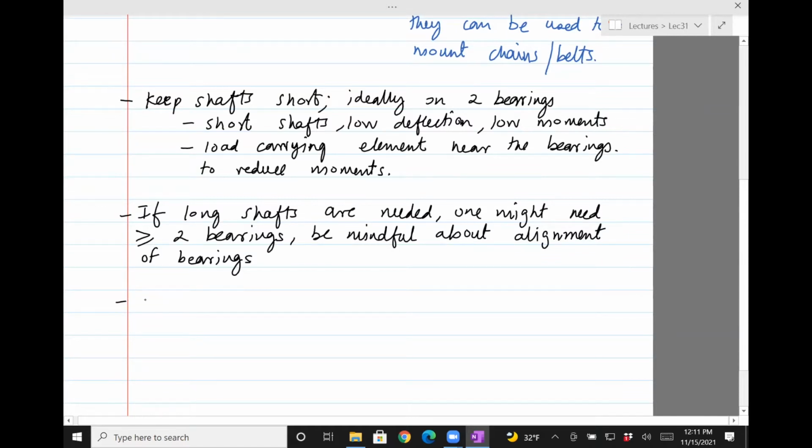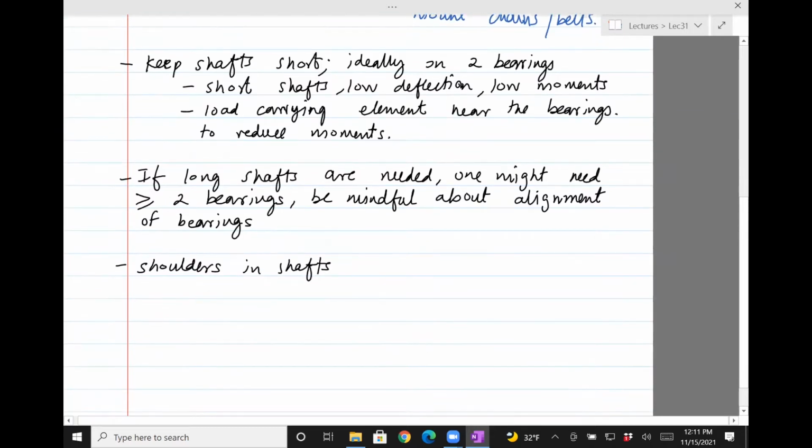The final thing, and there are a lot of things in the book, but let me just say a final thing. Shoulders on shafts is a great idea. Okay, so what is a shoulder? It's basically when you have a shaft of a different diameter. So that is a shoulder.